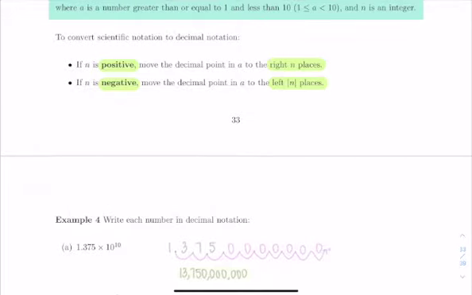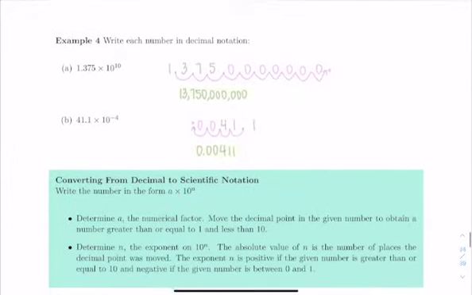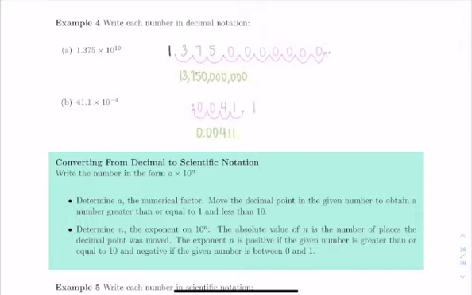So let's write each number in decimal notation. We have 1.375 times 10 to the 10th. Because the exponent is positive, that means we need to move to the right 10 places. So starting at our decimal, we're going to go 1, 2, 3, 4, 5, 6, 7, 8, 9, 10.